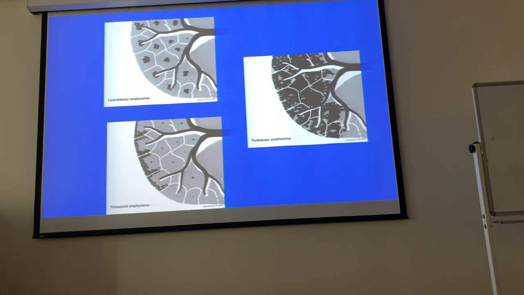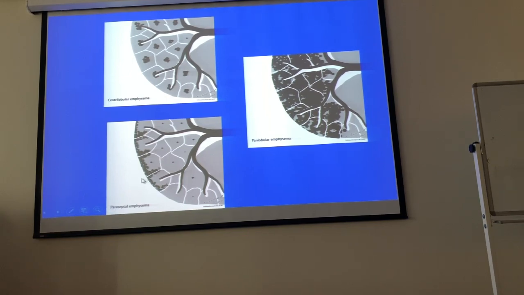Now this is a very good schema and it explains by diagram all that I said. Almost the whole lobule is involved, and it is mainly lower lobe, so that is panlobular. Now this is a lobule, this is the septum between the lobules, and you see that only the central portion is involved, so this is centrilobular emphysema.